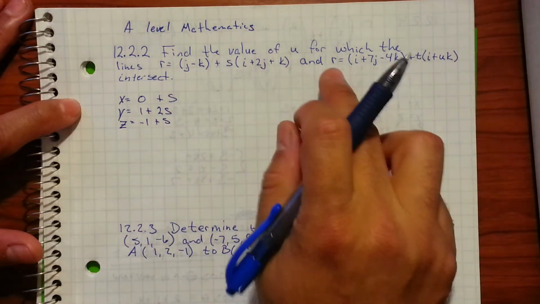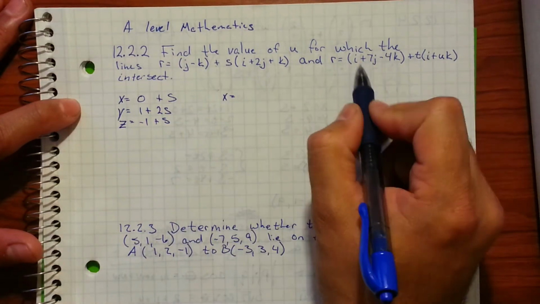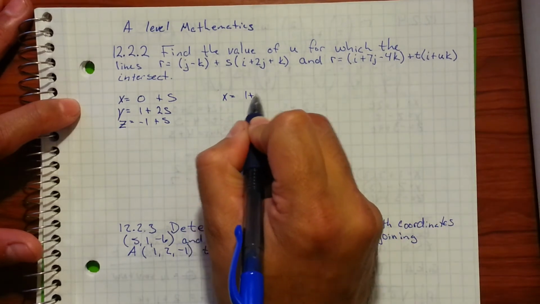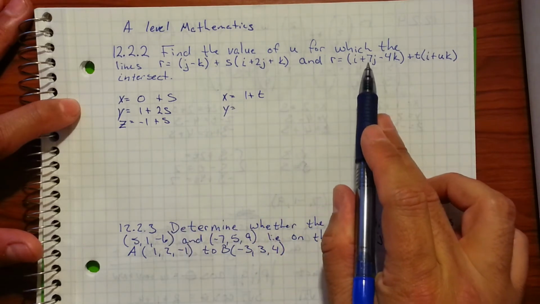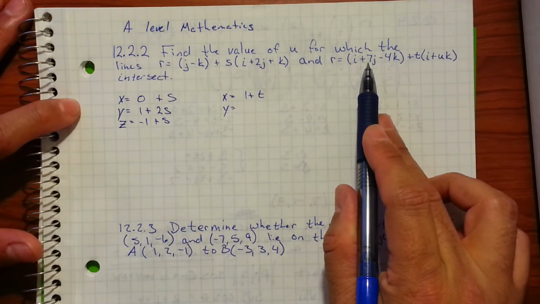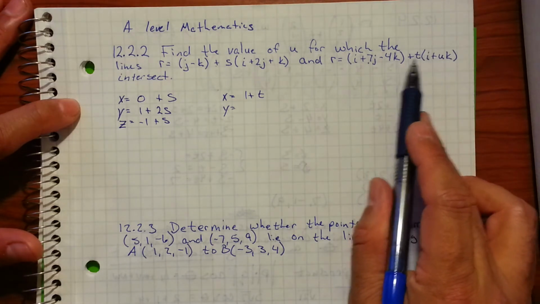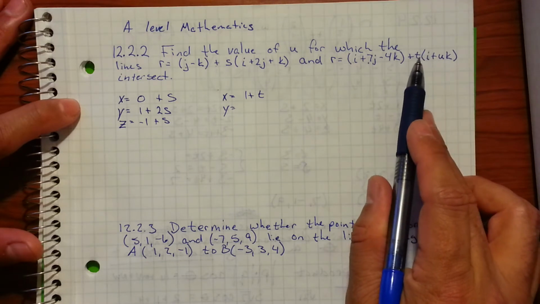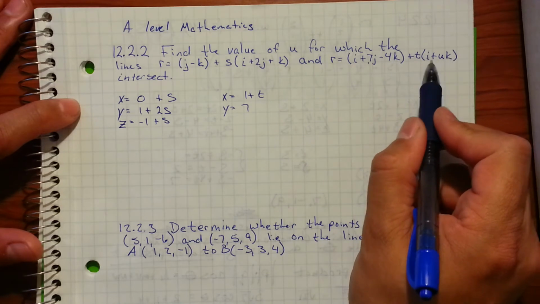And now let's take a look at my other one. The x is 1 plus t. The y value is going to be 7 plus, now right here I don't have a j, so it's just my 7 here, because that's plus 0j.